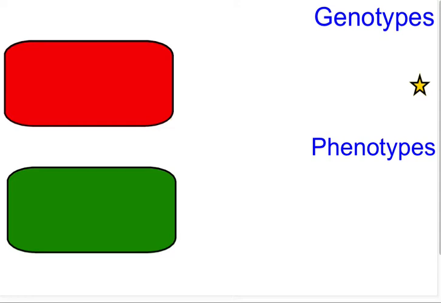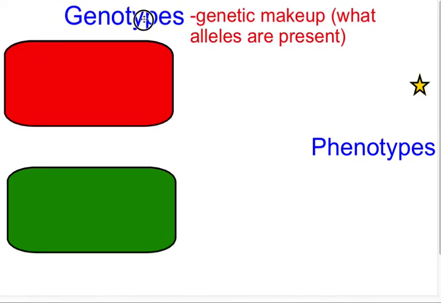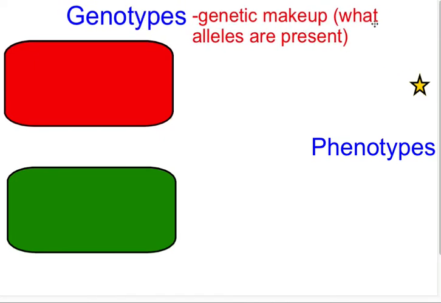But first we need to talk about these words. There's genotypes and phenotypes. Now genotype is the genetic makeup. What alleles are present? What are the actual genes that we see?